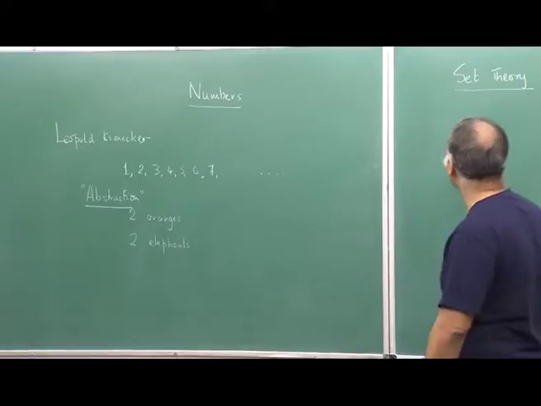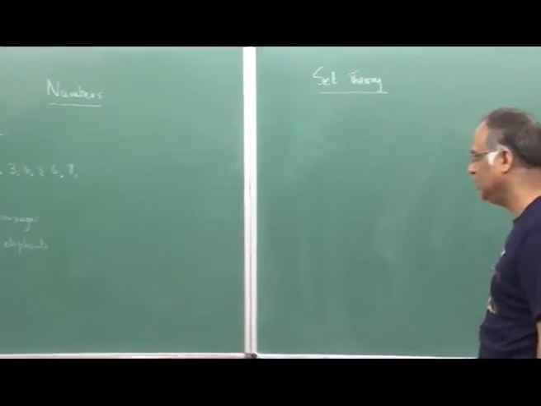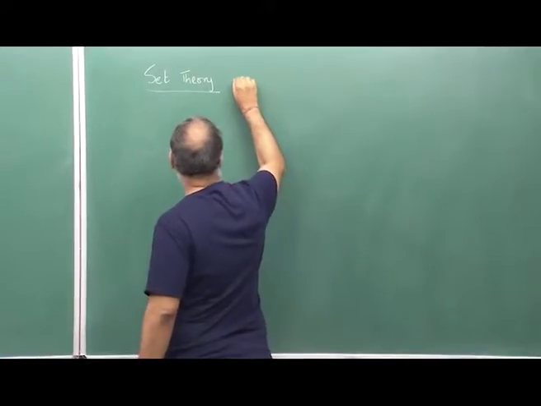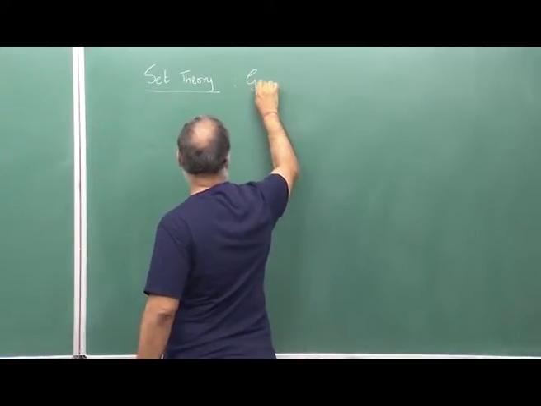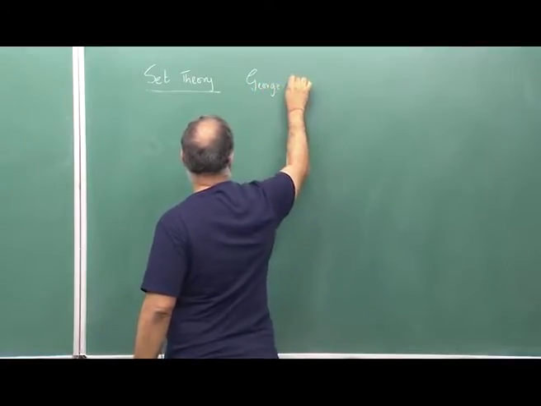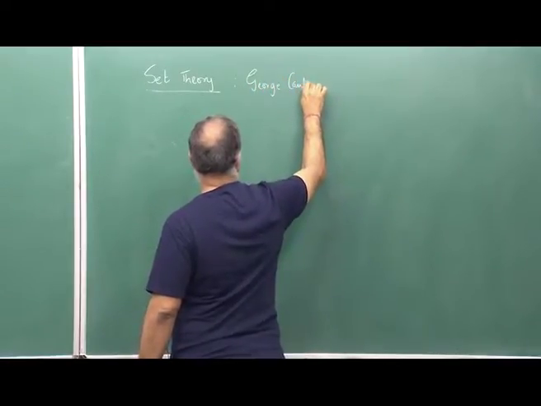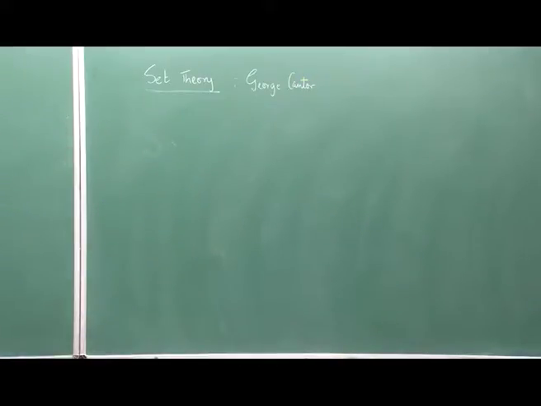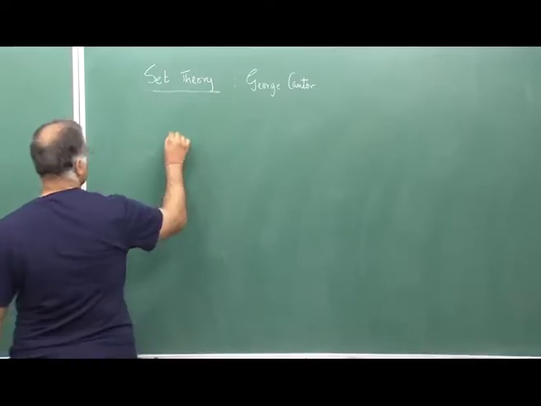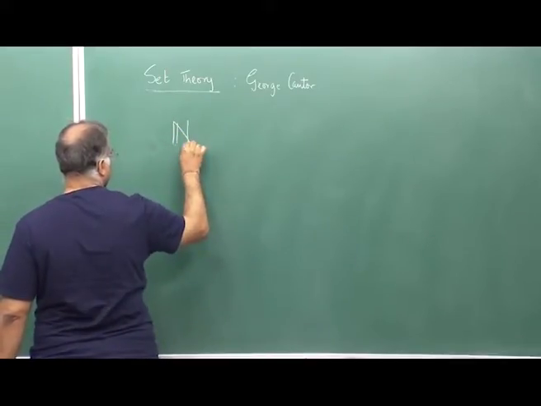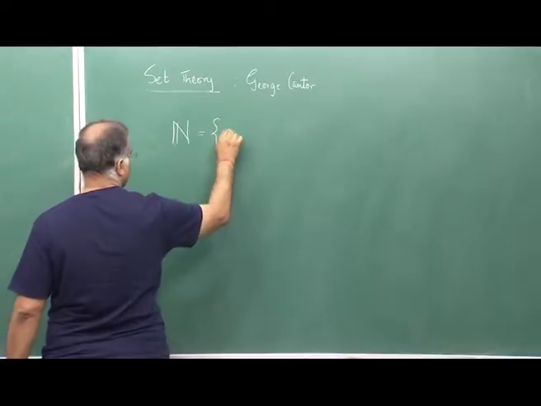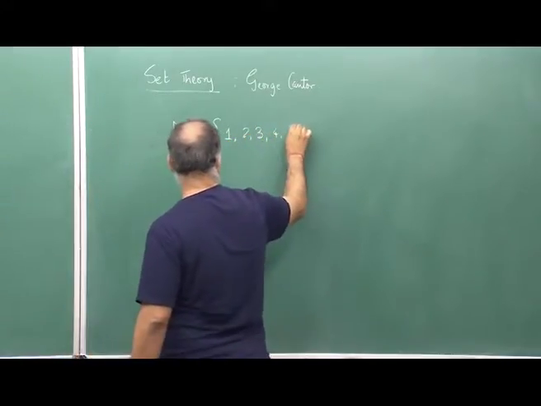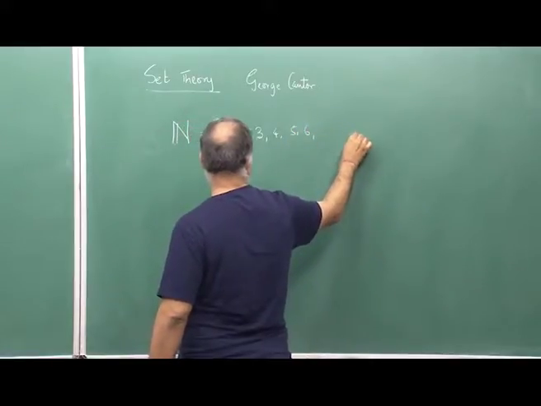So, set theory, the theory of sets, was first introduced and studied by somebody called George Cantor. And in his language, the set of natural numbers is denoted by the symbol N. This set consists of all the natural numbers that we have.